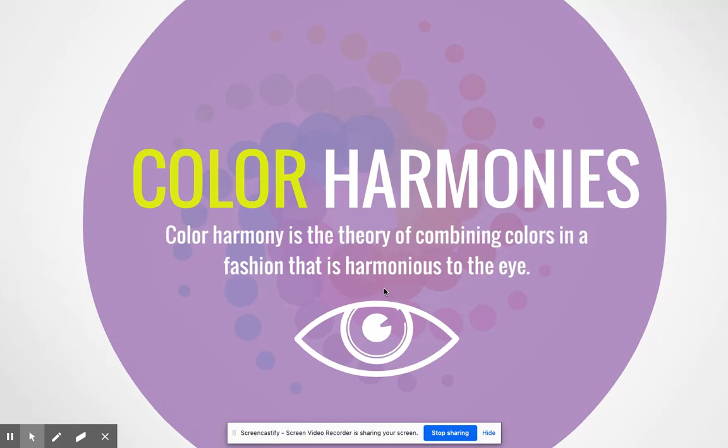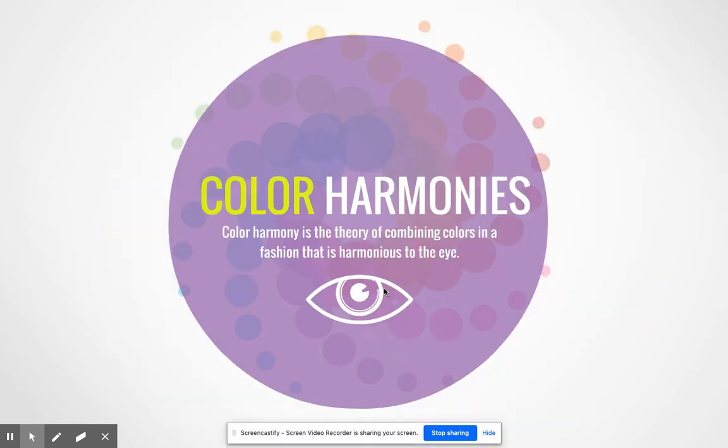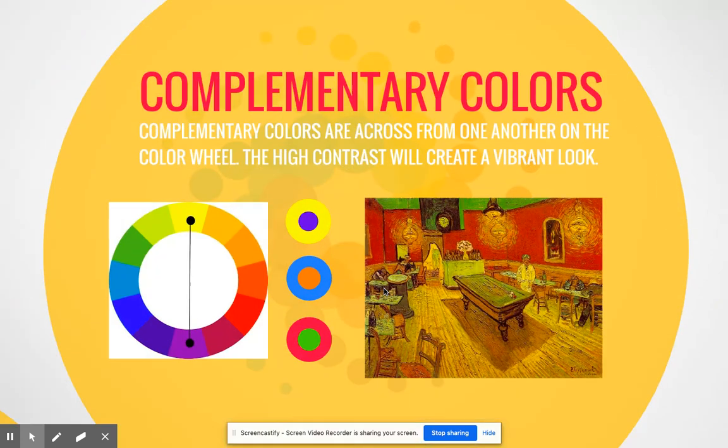All right, color harmonies. Color harmony is the theory of combining colors in a fashion that is harmonious to the eye. This helps you figure out what colors look best together. This slide right here is actually what our project is going to be based off of this week. Our project is going to be centered around complementary colors. Complementary colors are across from one another on the color wheel.